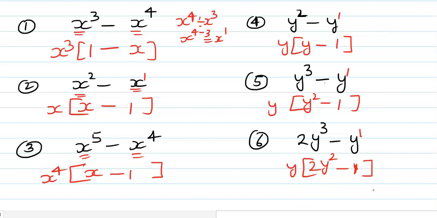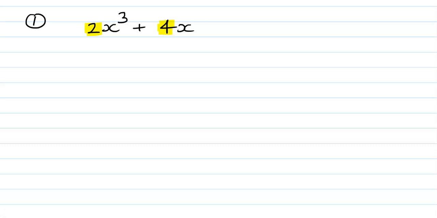Okay, so last thing is a different question now. So if the question is like this, 2x^3 and 4x. So how to factorize? Yeah. So if you see, there is 2 and there is 4. So let's sort out numbers first here.